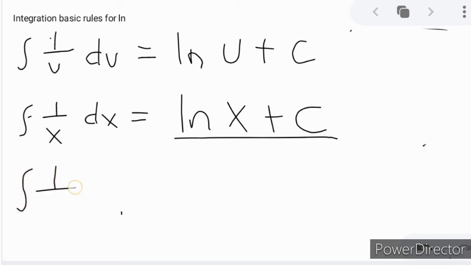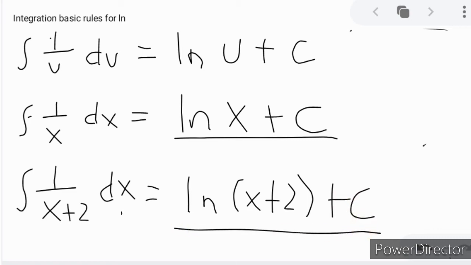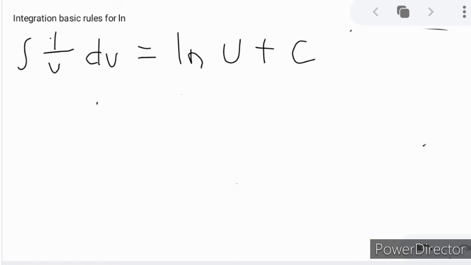Let's try another example, wherein we have the integration of 1 over x plus 2 dx. Our u here is x plus 2. So we have ln x plus 2 plus c, because it is an indefinite integral. Okay, let's try another example.